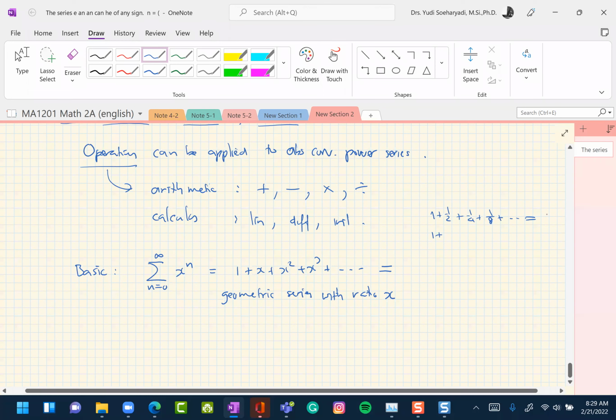Yes, the limit, not the sum. Sorry, not the partial sum, but the limit. So this is just 1 plus r plus r squared, r cubed. So what's the limit in this case?